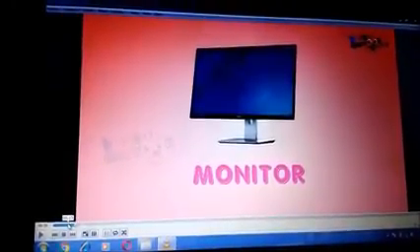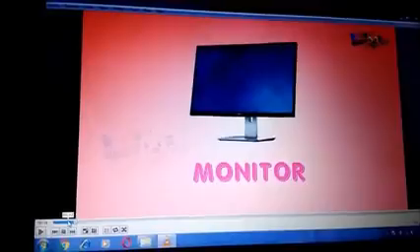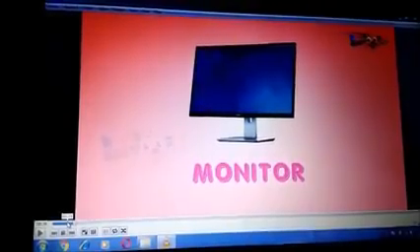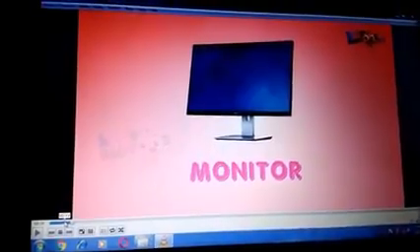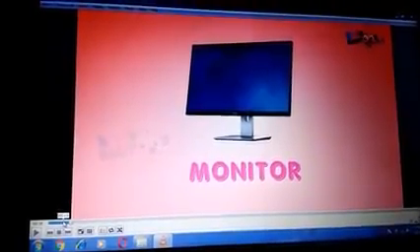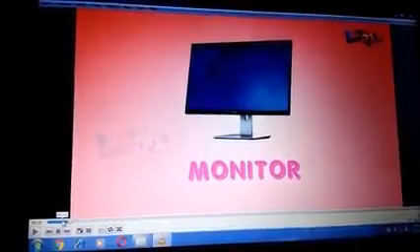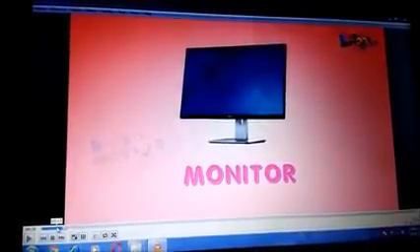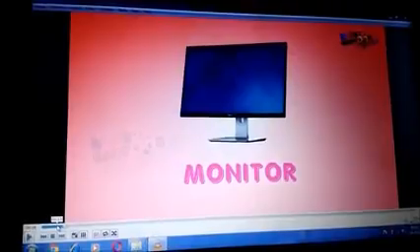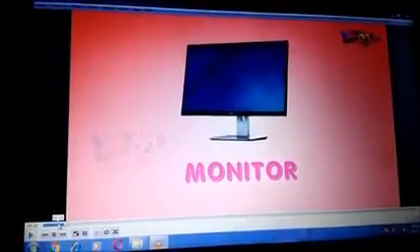The last one is LED monitor. LED stands for light emitting diode. There is no difference between LCD and LED monitor, but due to their better picture quality, LED monitors are preferred more by users than LCD monitors.